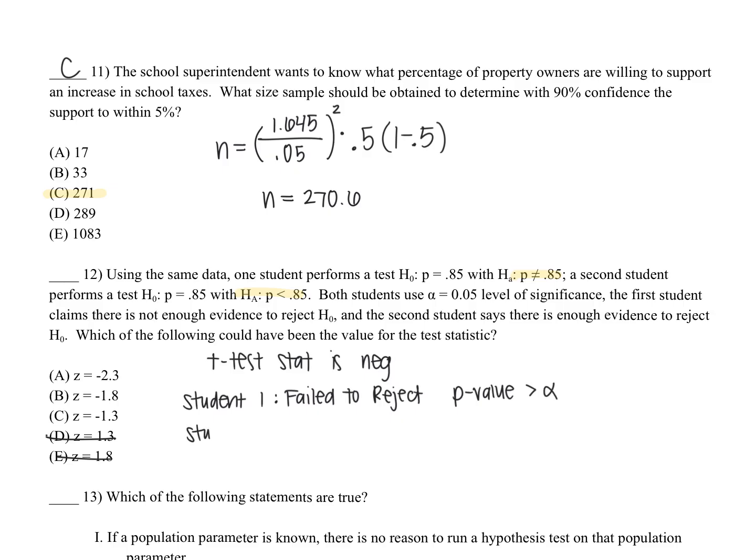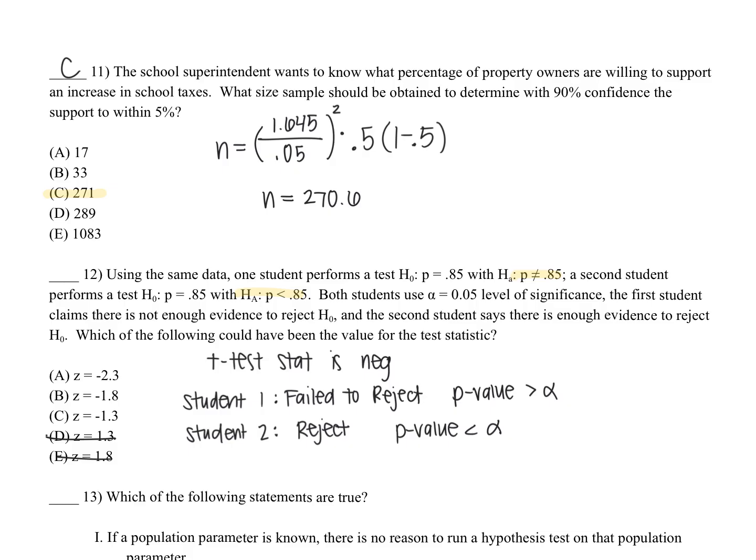And then student 2 is rejecting, so we're looking for a p-value less than alpha. So it's just plugging in negative 2.3, and then negative 1.8 and negative 1.3, and figuring out which one gives you the answers.